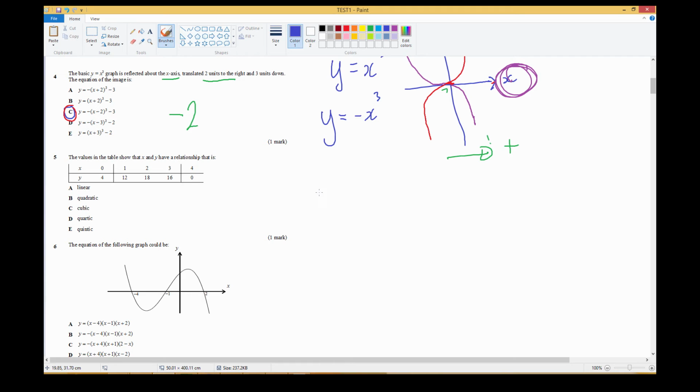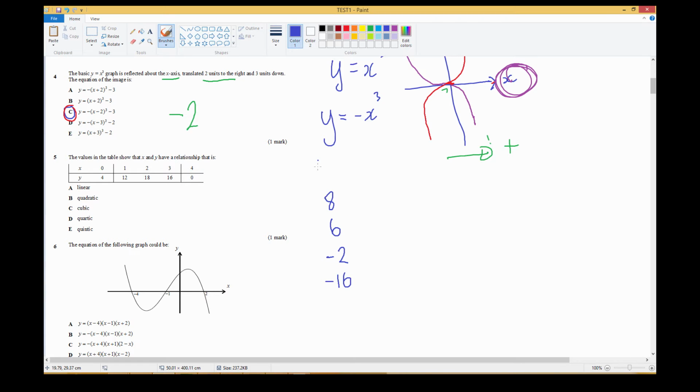The difference between 4 and 12 is 8, and the difference between 18 and 12 is 6, and the difference between 16 and 18 is negative 2, and the difference between 0 and 16 is negative 16.